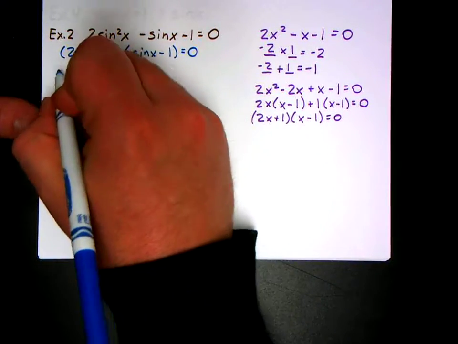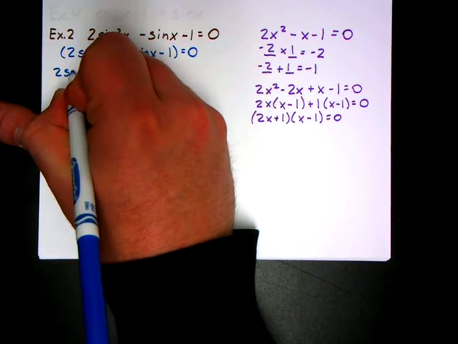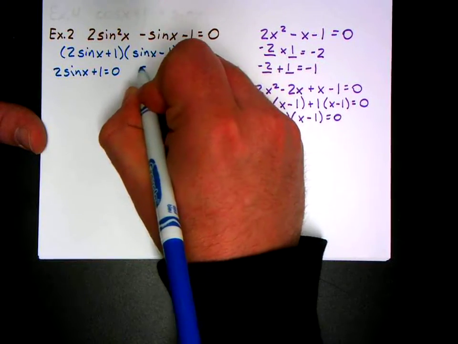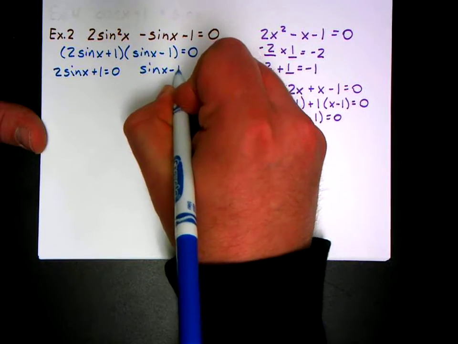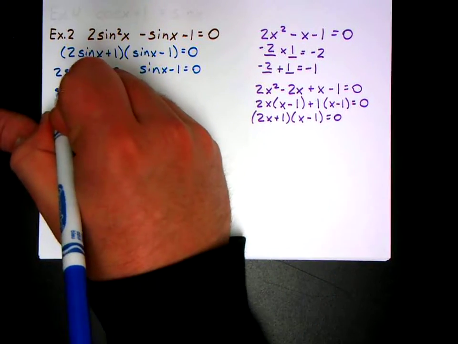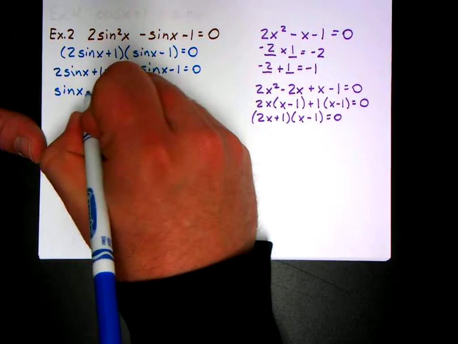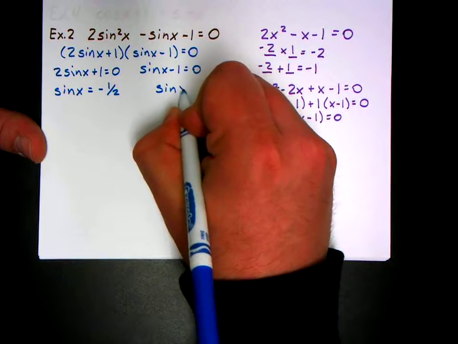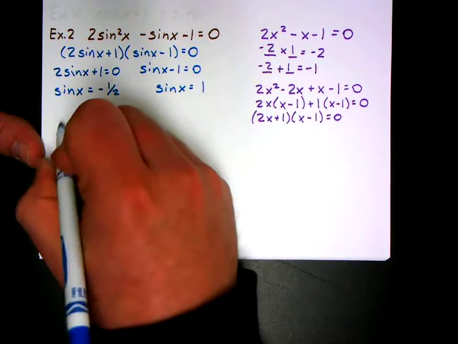Okay, so I just finish off my problem like normal, by setting each factor equal to 0. So over here, I want to know when sine equals -1/2. And over here, I want to know when sine equals 1.